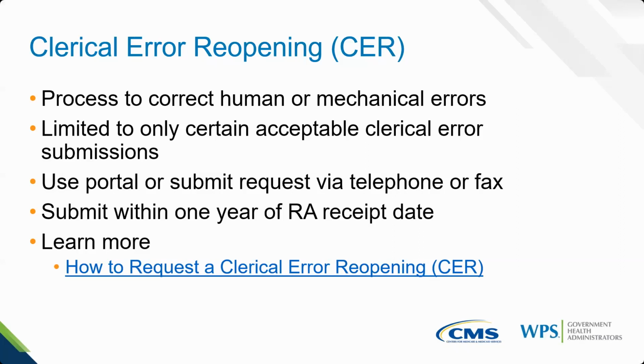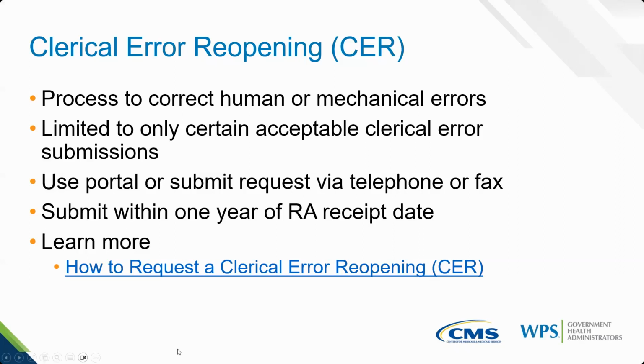To give you some examples: mathematical or computational mistakes, transposed procedure or diagnostic codes, misapplication of a fee schedule, and there are more. There is also, on that list or in that resource, a list of situations that cannot be processed as a clerical error reopening.